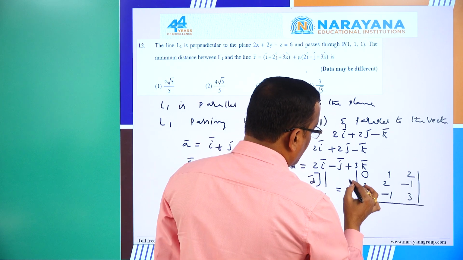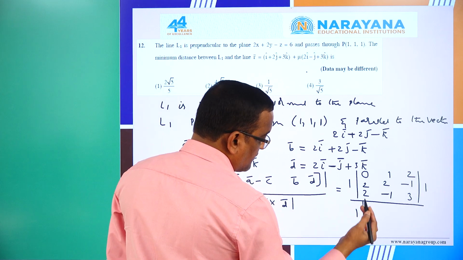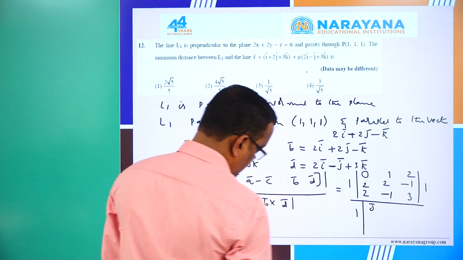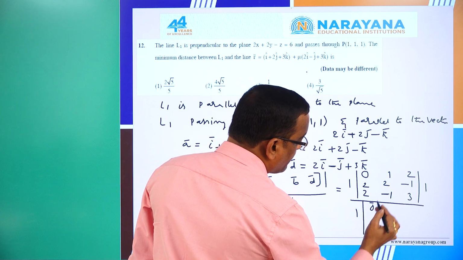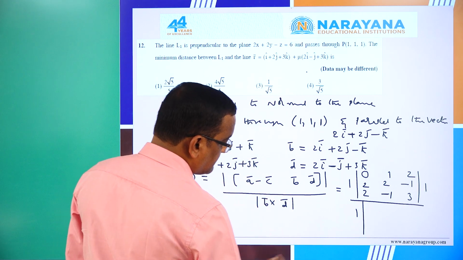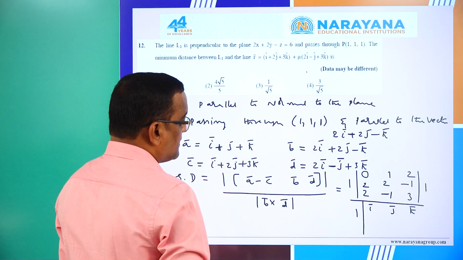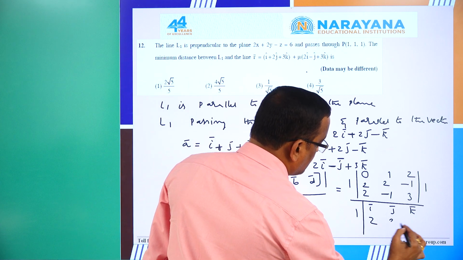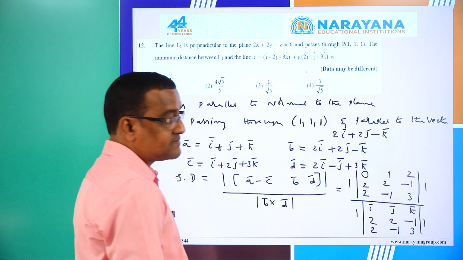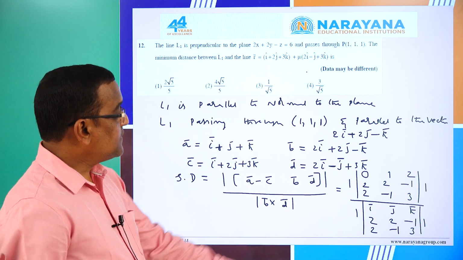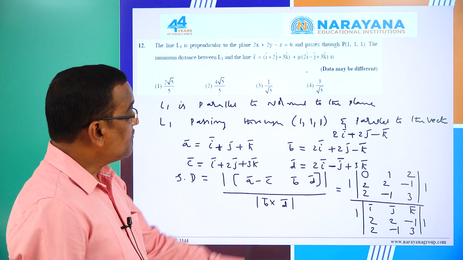By, we want modulus of this one. In the numerator, modulus of the cross product of the two vectors is i j k, and B bar components 2 2 minus 1 and 2 minus 1 3. So, expand this determinant and this determinant and find the value of that determinant.